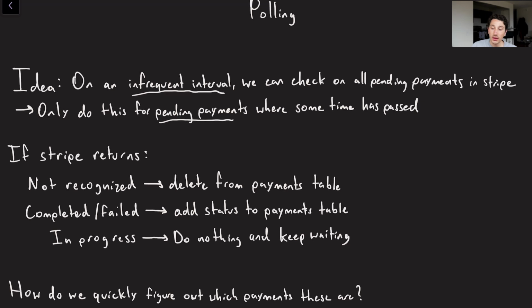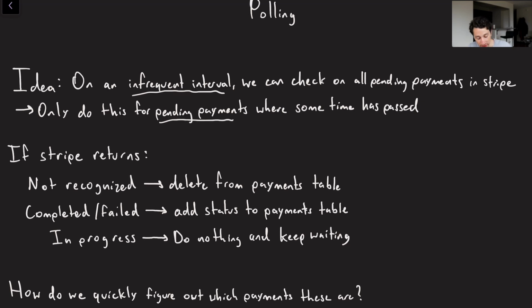Let's go ahead and delete it from our database. However, if you do that after like half a second from when you added it to the database, what could happen then is that Stripe just has yet to hear about it. It could be a slow network connection and hasn't yet told us that the payment is valid. So you may want to wait some amount of time before you actually start asking Stripe about a payment. Maybe 10 minutes, maybe an hour. You could configure this in practice.